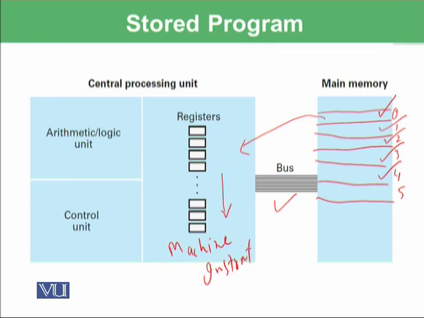That machine instruction is then decoded to understand what actually it means and what this program wants to do. The first instruction was to get the data from RAM. The data would be somewhere here, for example at position 100. This instruction will fetch this data to one of the registers, and so on.